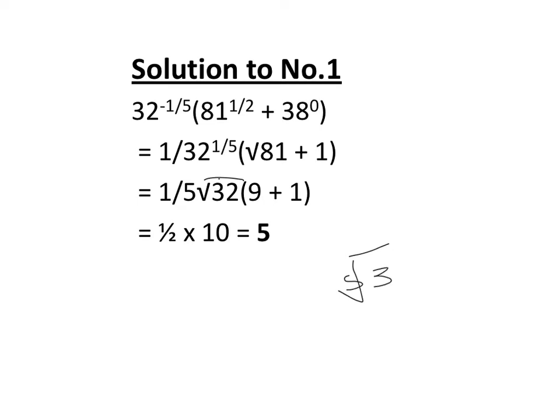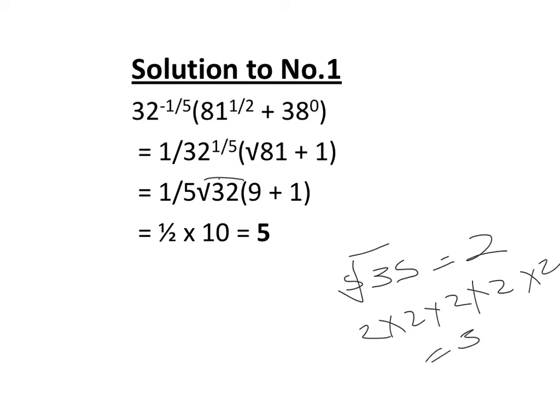The 5th root of 32 is equal to 2, because 2 times 2 times 2 times 2 times 2 is equal to 32. 2 times 2, 4, 4 times 2, 8, 8 times 2, 16, 16 times 2, 32.